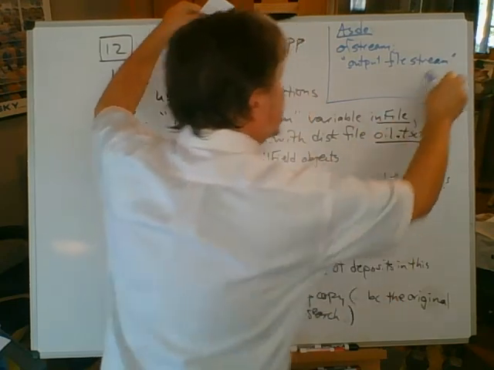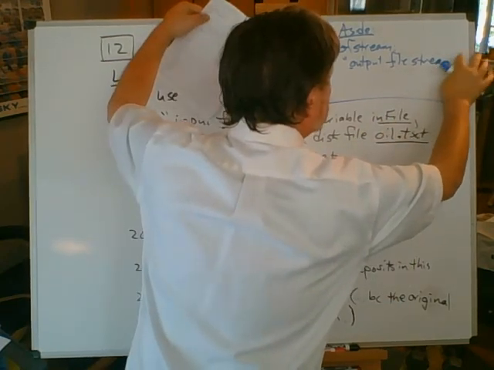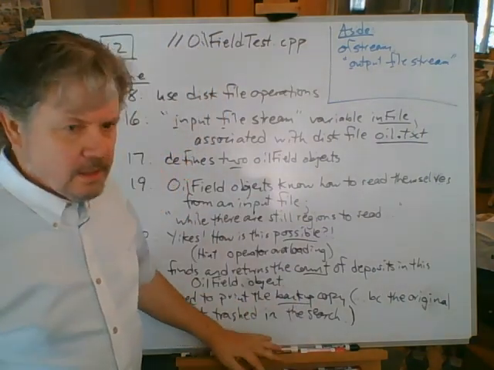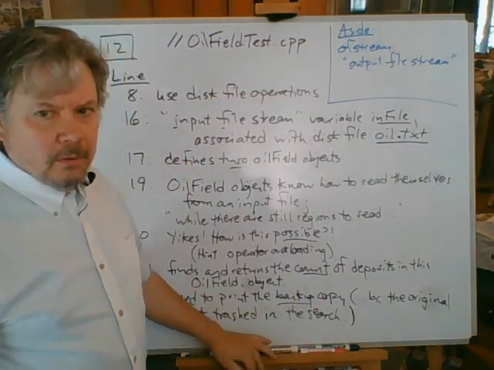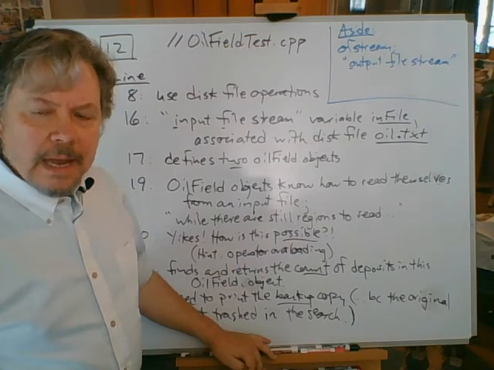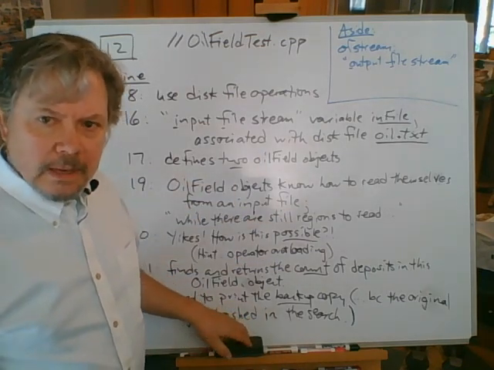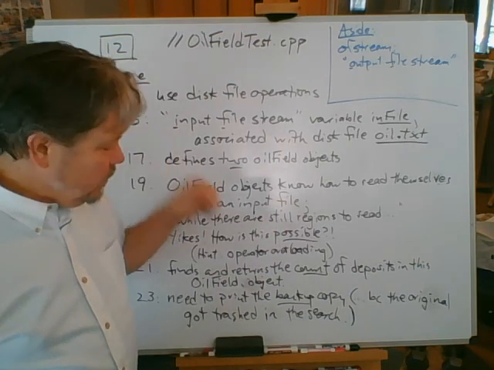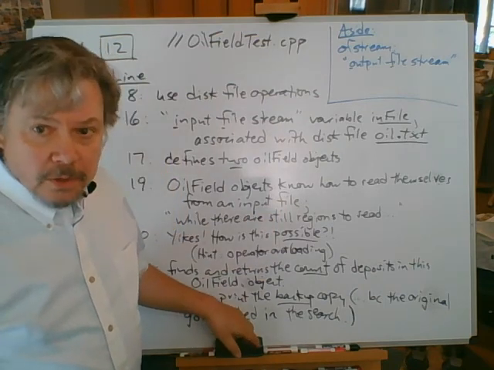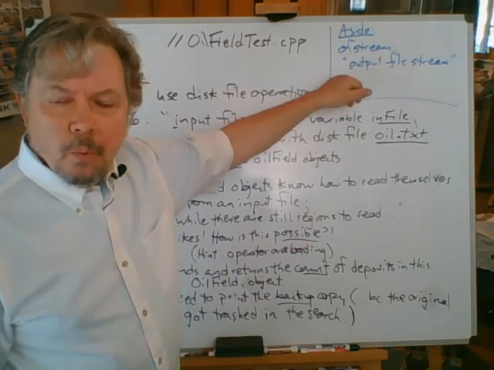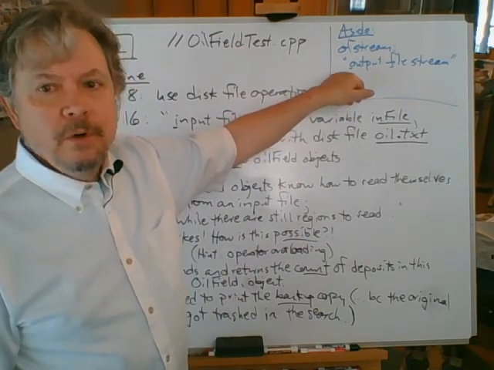And with that data type, we open a file that doesn't have to exist in advance. We open a file. If it doesn't exist, our program will make a new file with that name out on disk and write all the stuff to it that we send to it, just as we would send it to cout. Now, we actually need to be a little more careful with OFStream, because if it does already exist, then it's gone. As soon as you open it for output, then it wipes out the earlier version, even if your program crashes.